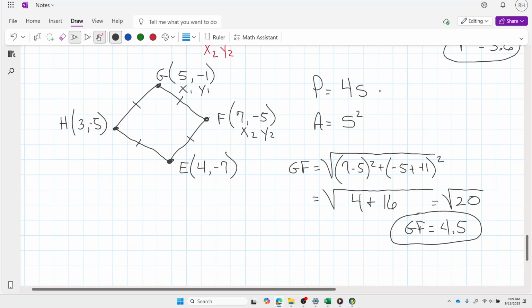So our perimeter is going to be equal to 4 times 4.5, 17.9, and our area is going to be equal to 4.5 squared, 20.3.